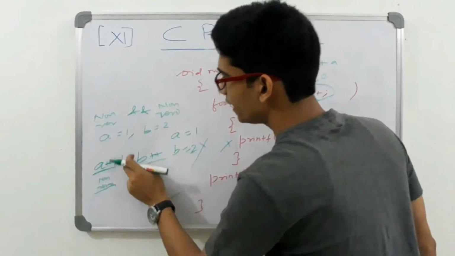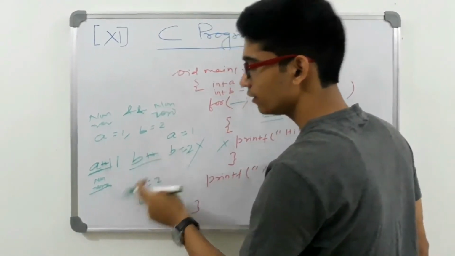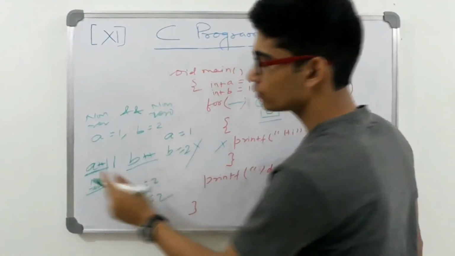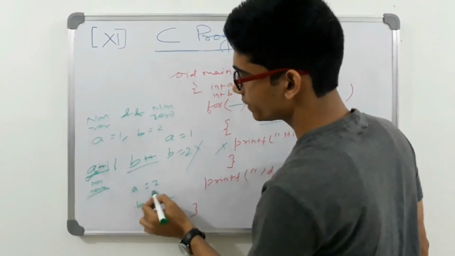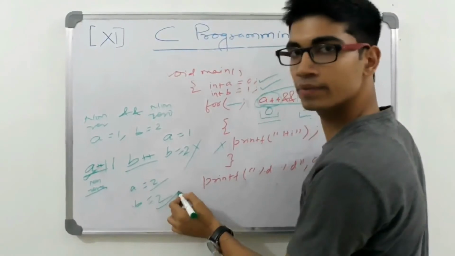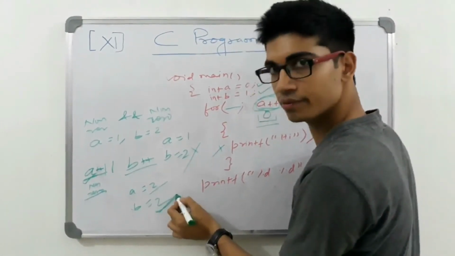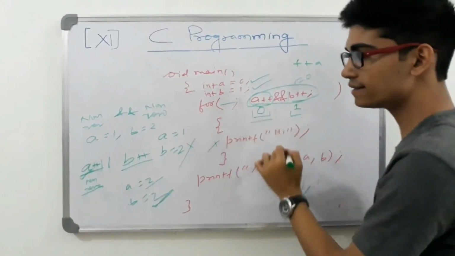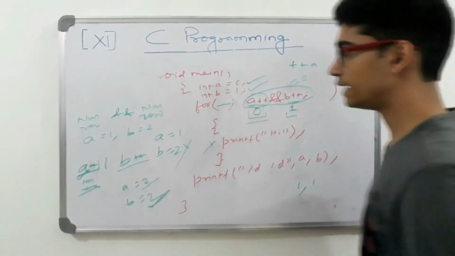Whatever the value of b plus plus is, whether non-zero or 0, it is always going to return a non-zero value. So only this will be executed. So a will become 2 and b will remain 2. Okay, so be cautious about these things. We will practice these things in later video sections.